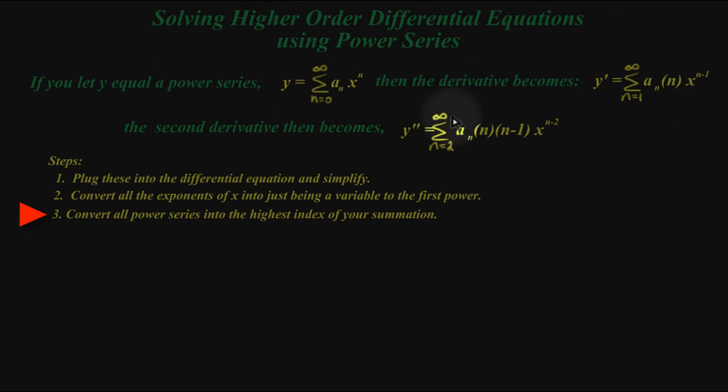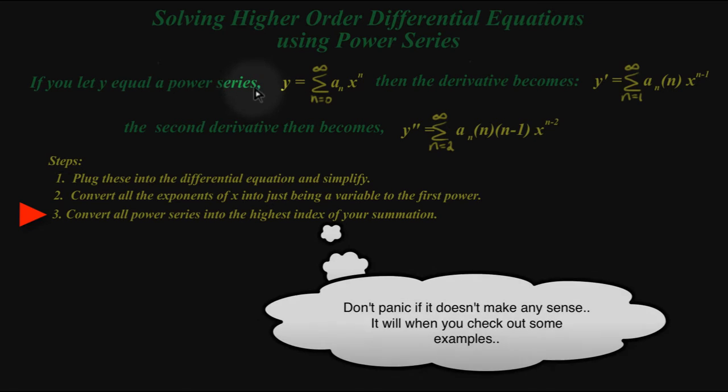So what we do is plug in 0 here and here for n, or k if you substituted, and you'll get something like a sub naught times x to the 0, which is just a naught, because x to the 0 is 1. Then you can pull it out of the power series as an a naught plus your power series, and now the index will go from 0 to 1. They will match up with the other one that you have in your differential equation.